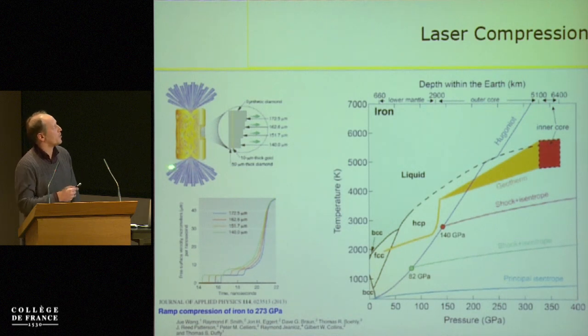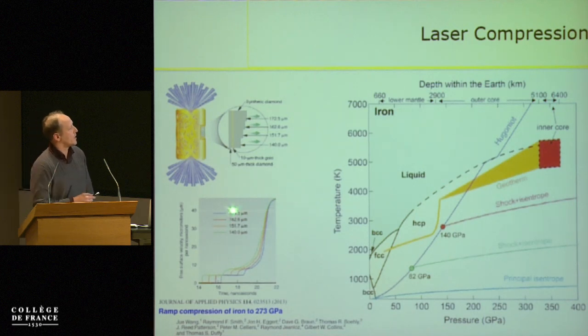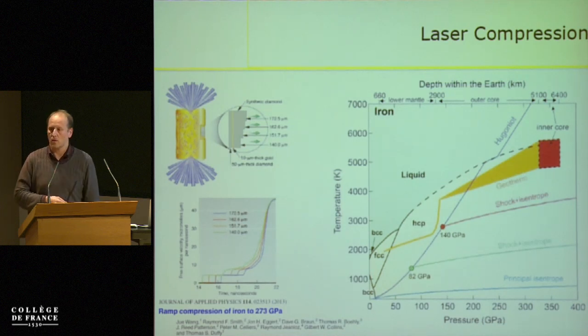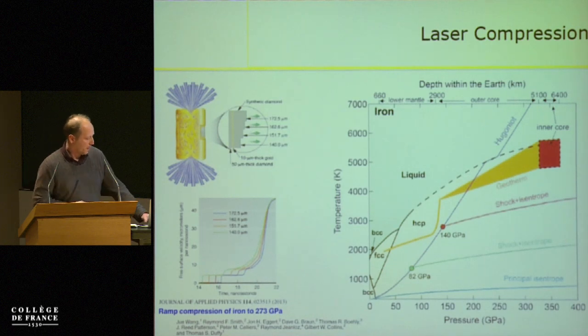You put a piece of polymer behind your sample and evaporate it with high power lasers, and that creates a shock wave in the sample. This is work of Tom Duffy's group, where he was estimating what kind of pressure range we can reach by playing with different types of laser drives. As you can see, we can go really, really close to the inner core conditions. We can actually go over them with this method.